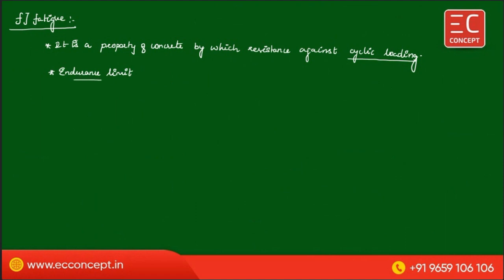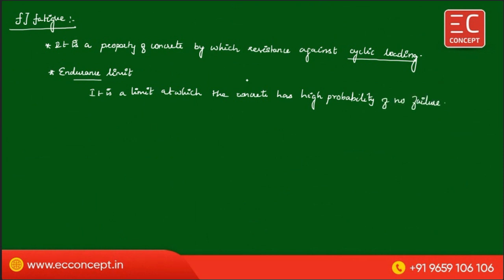Endurance limit is the number of cycles required to make the test. Endurance limit is defined as a limit at which the concrete has a high probability of no failure.